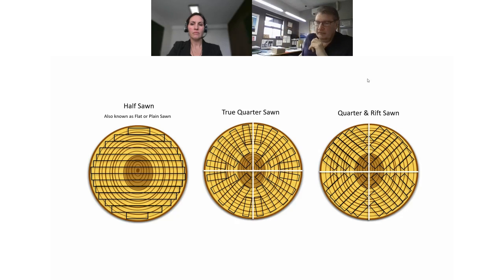This one is most efficient, that one's not very efficient, and that one's much better. You still get a lot of wastage, and if you order quarter or rift sawn timber, which you sometimes can from some suppliers, to get the stability out of it, it will cost you a lot more. You just have to understand that you're paying for wastage, no different to when you buy glass and you pay for the wastage when they cut it out of the sheet.